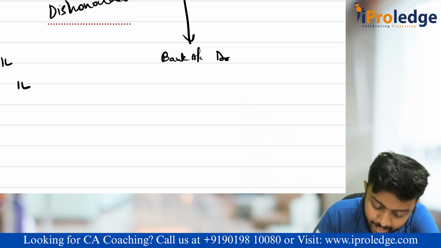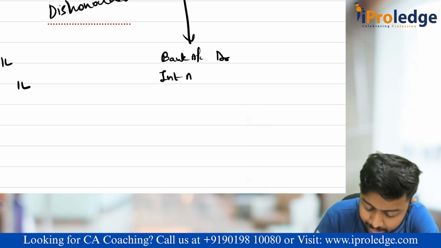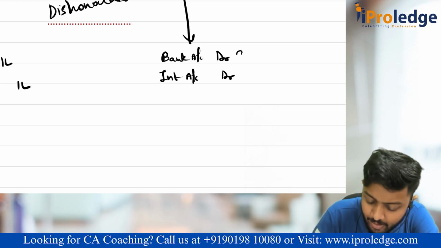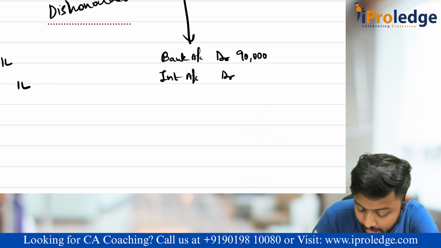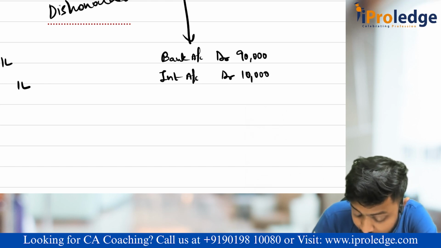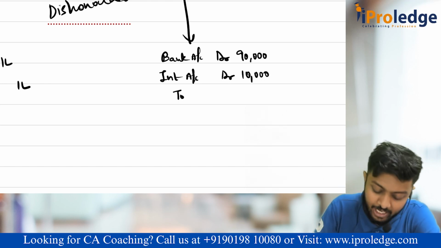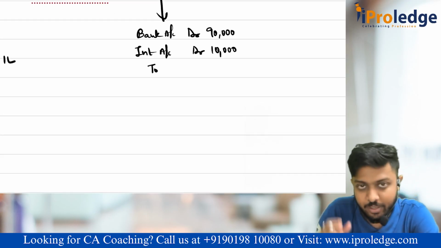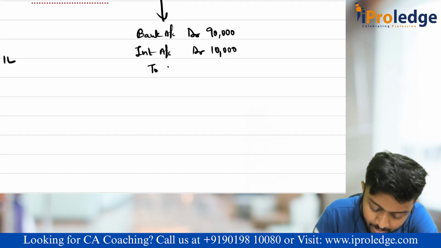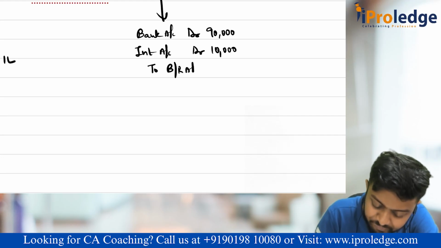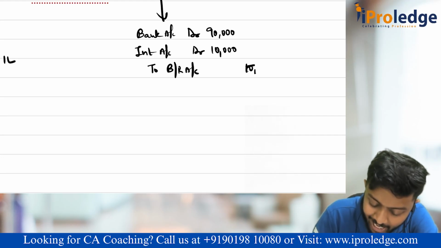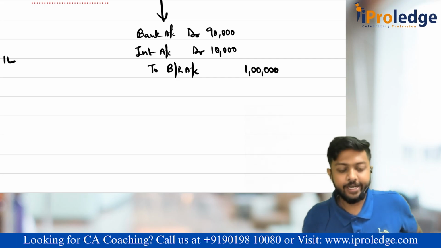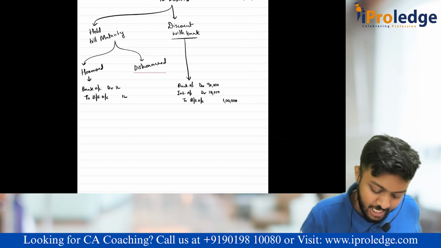Expense increasing, debit, so interest account debit. How much in our case? 1 lakh was the bill, the bank gave us 90,000 rupees, and 10,000 rupees is interest. Second, what is decreasing? The balance was lying in the bills receivable account. Now that is decreasing. Since BR account balance is decreasing, asset decreasing, I credit BR account 1 lakh. Clear? Done. Awesome.